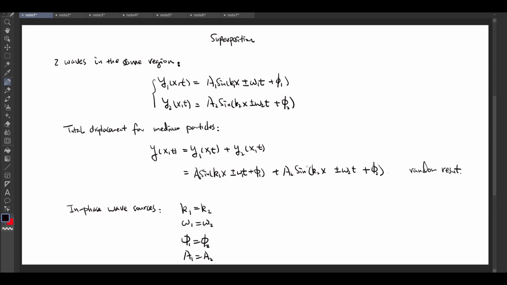So that's the case we're going to discuss here, and that's our conditions for the two waves, which we call in-phase wave sources.